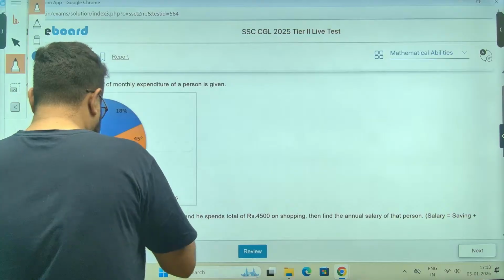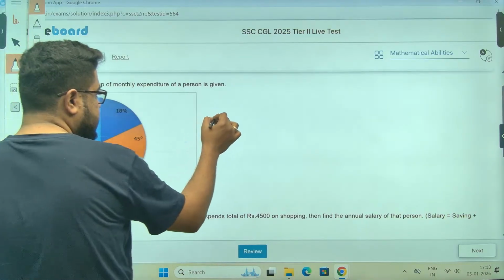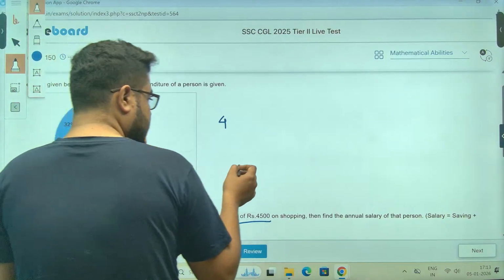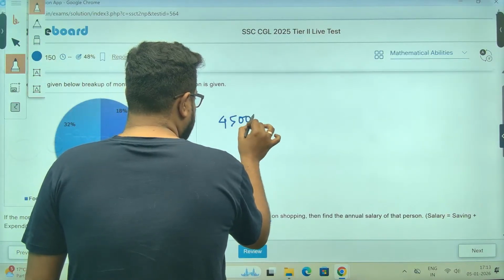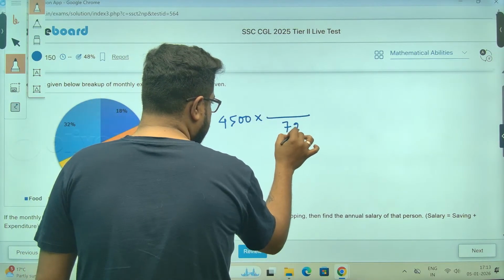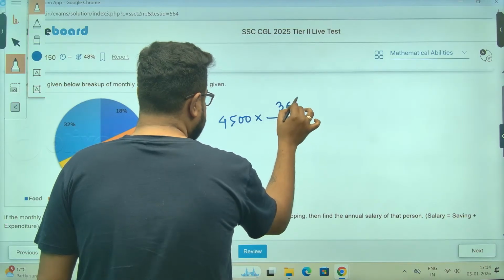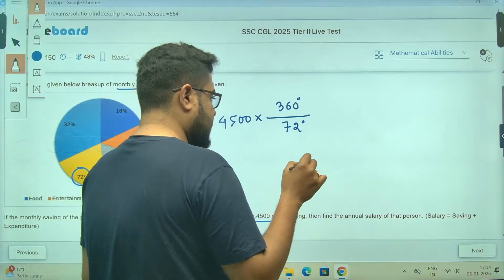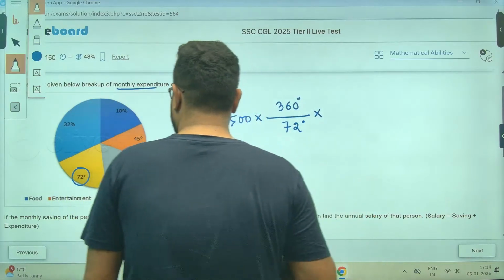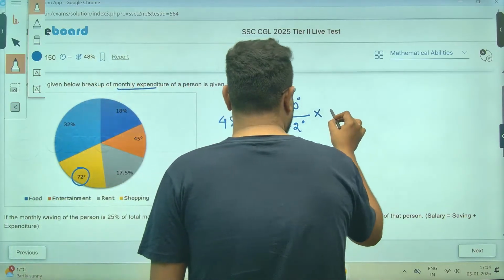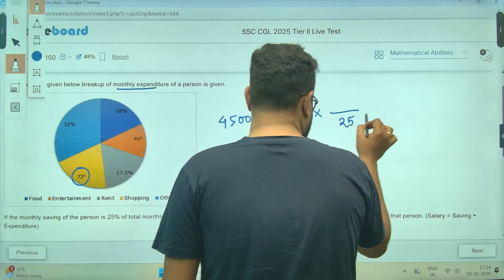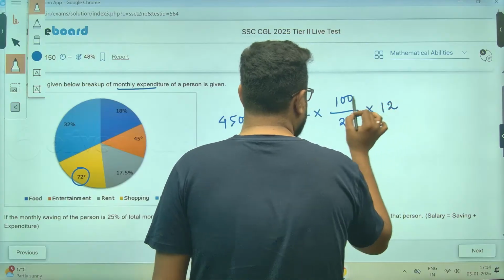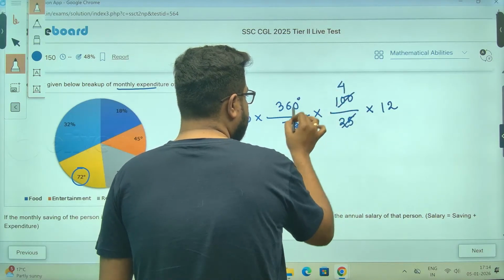Ruko. Shopping 72 degrees, which is 4,500 rupees. 4,500 rupees is 72 degrees. 360 degrees is the monthly expenditure. So this is 25% only. Monthly salary is 100%, into 12 only, na? 25 fours, this is 5.